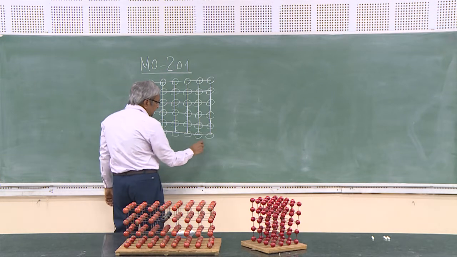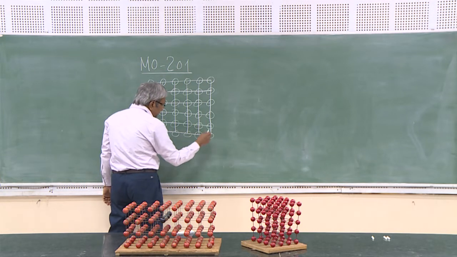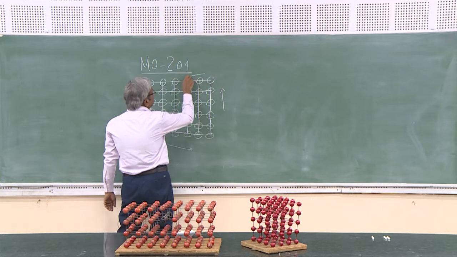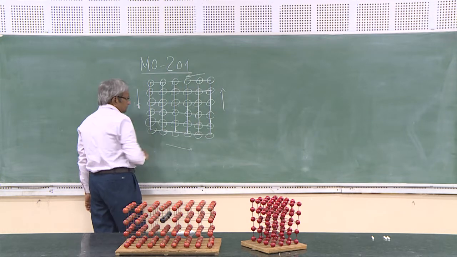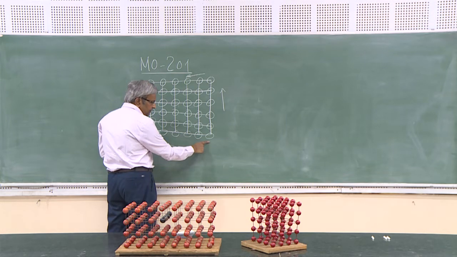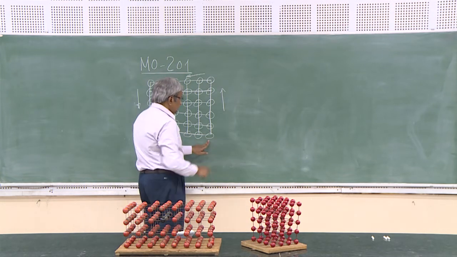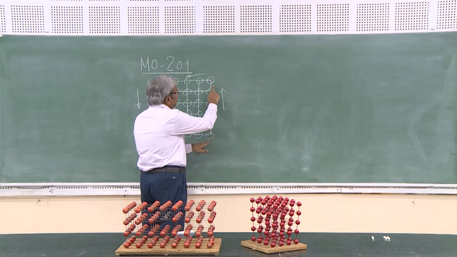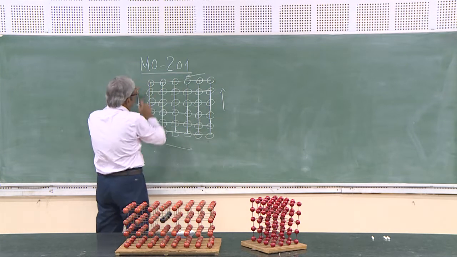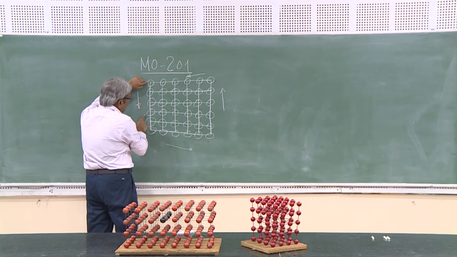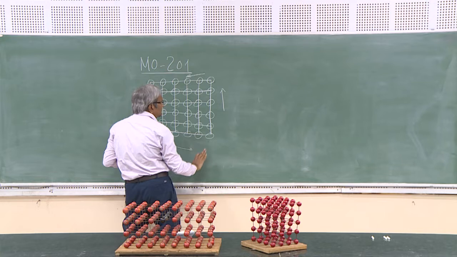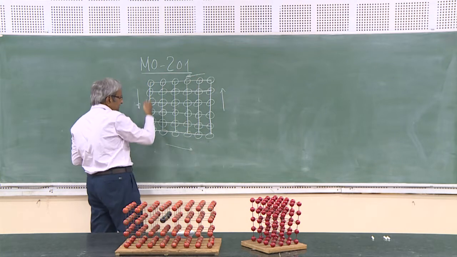Now, in case you go in any sequence that you write, for example, you are trying to go like this. You start from here: 1, 2, 3, 4, 5 steps you have gone to this side, 5 steps to that side, and this side and this side.